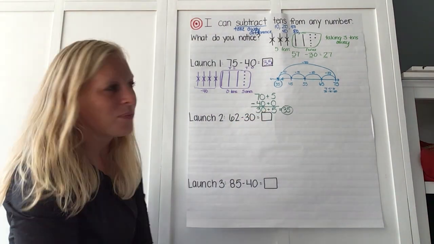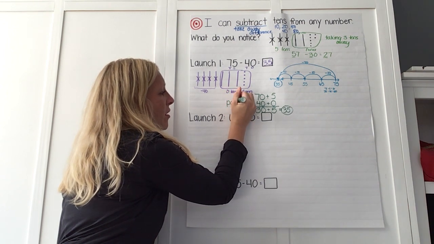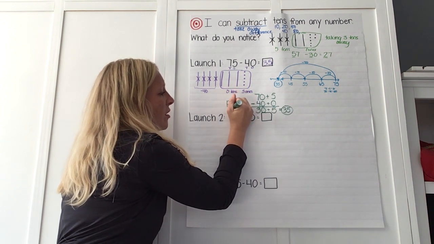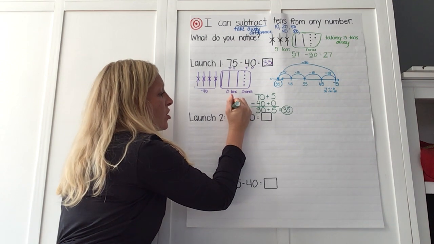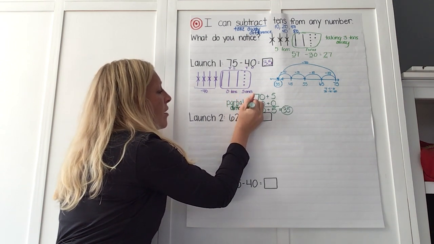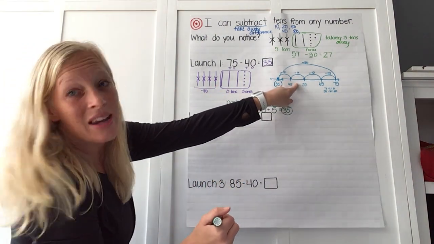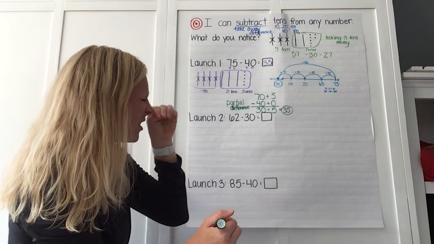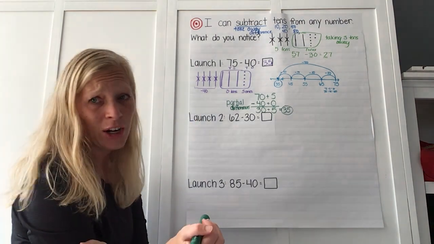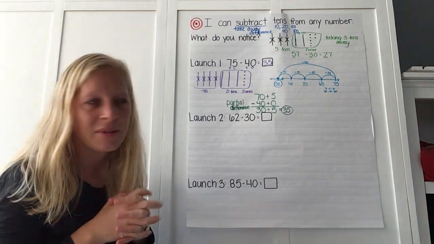Very similar. Friends, this is our partial differences model, because we're taking away. We're using our base 10 here, our open number line here, and our partial differences here. Our differences are taking away instead of our sums where we're putting them together.